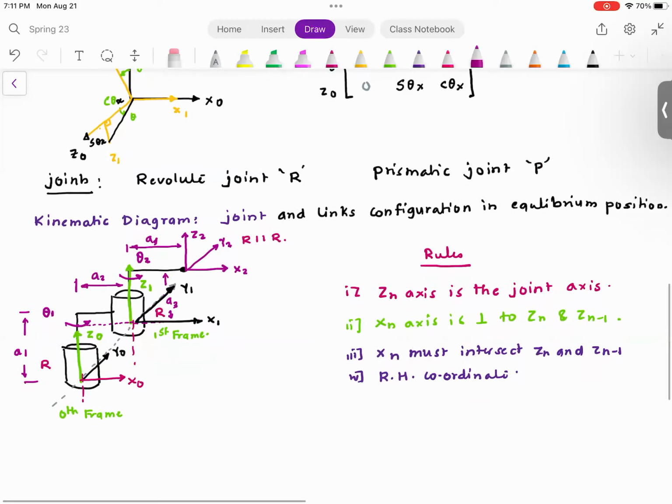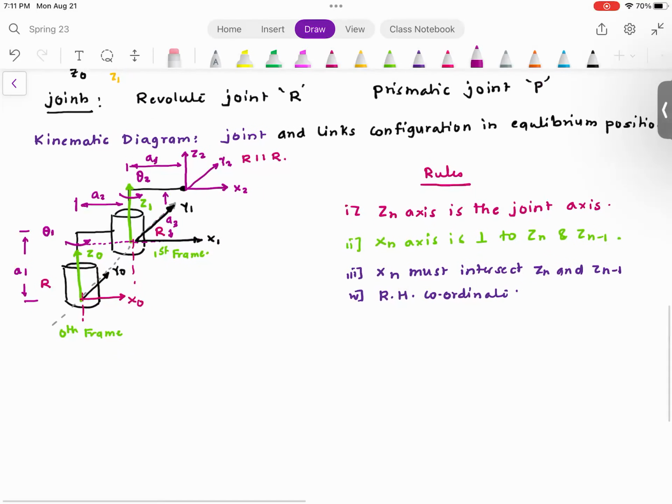Since there is confusion about the offsets, I will draw a three-dimensional view.